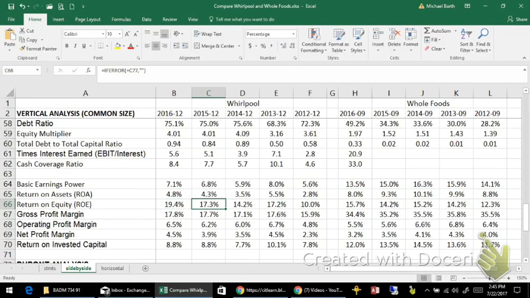The return on equity went from 10, 17, 14, 17, 19, so it's going to average around 17%, and it's around 14 to 15% over here for Whole Foods.